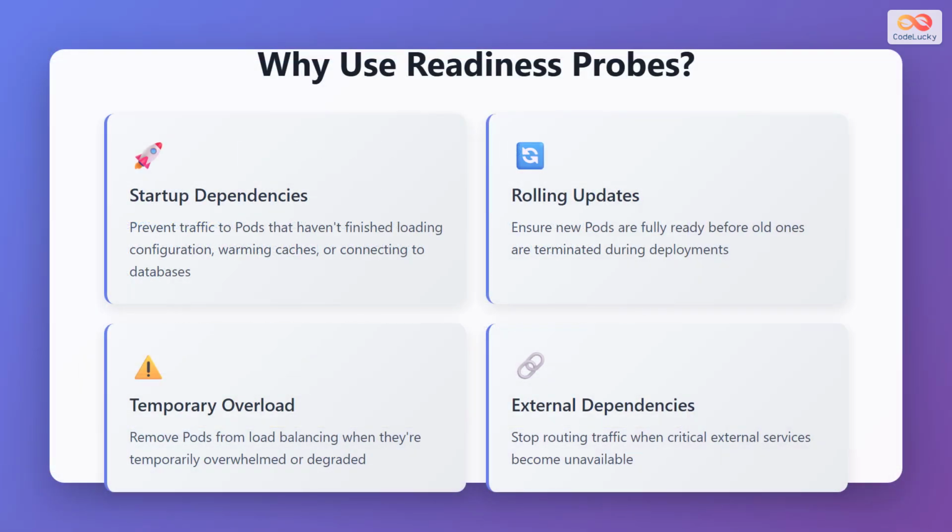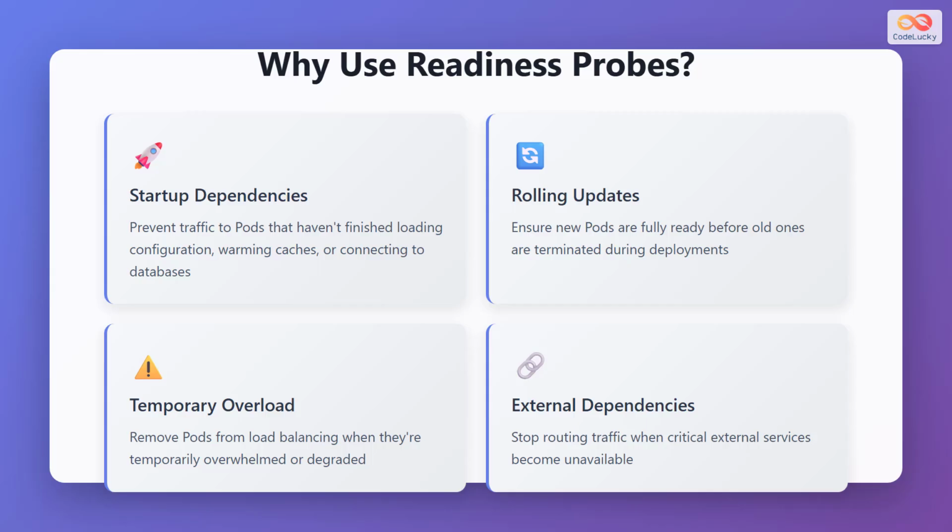There are several important use cases for readiness probes. First, startup dependencies. Your application might need time to load configuration files, warm up caches, or connect to databases before it can handle requests properly. Second, rolling updates. Readiness probes ensure new pods are fully ready before old ones are terminated during deployments, preventing service disruption.